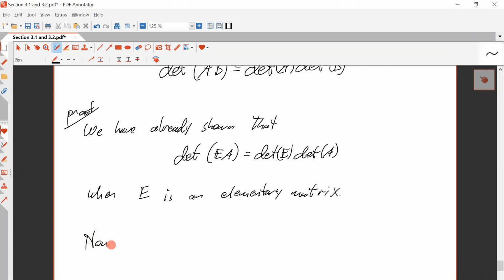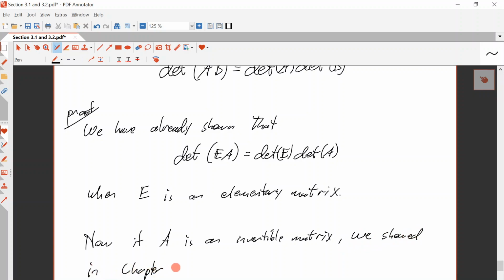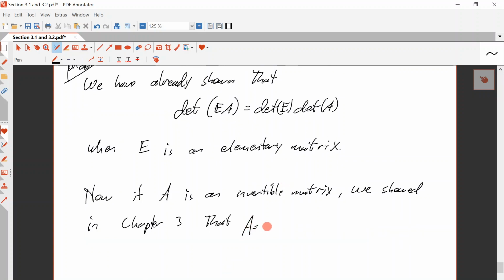So now, if A is an invertible matrix, we showed in Chapter 3 that A is equal to a product of elementary matrices, where each E_i is elementary.